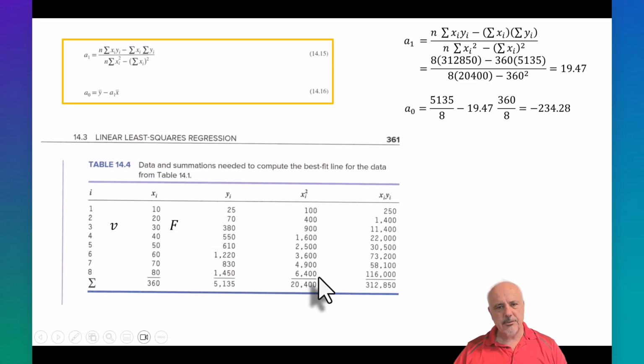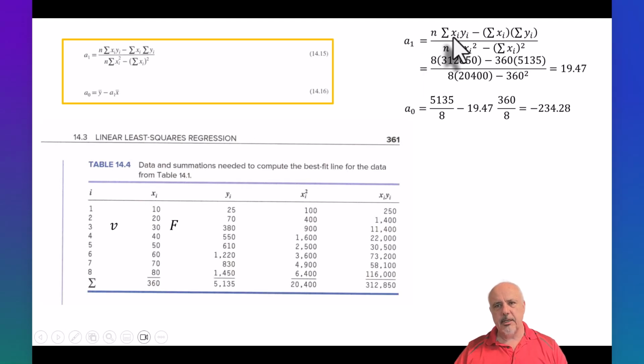Okay, do all of those, and then I sum that. And then I do the crosses. 10 times 25 is 250. 20 times 70 is 1400. I do each one of those, and then I sum that. So now with these sums, I'm ready to go. I come over here. I've got my n, which is 8. I have 8 points.